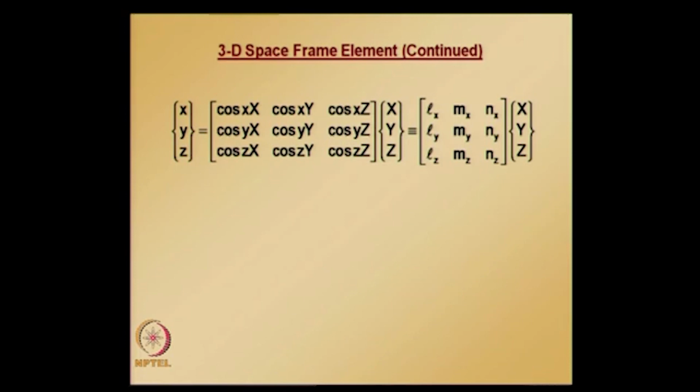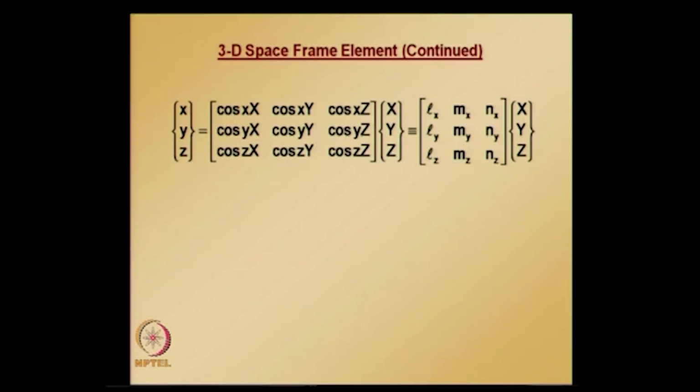The rotation matrix here gives a relationship between the local coordinate system small x, small y, small z and the global coordinate system capital X, capital Y, capital Z.